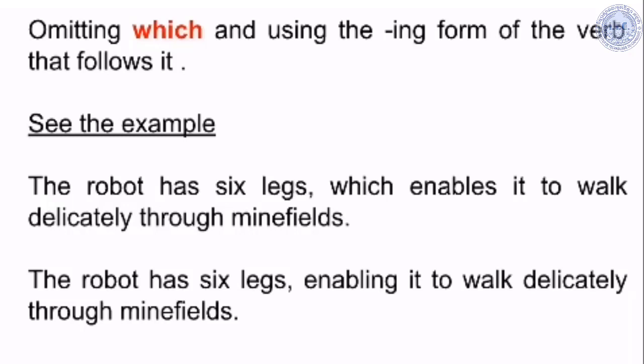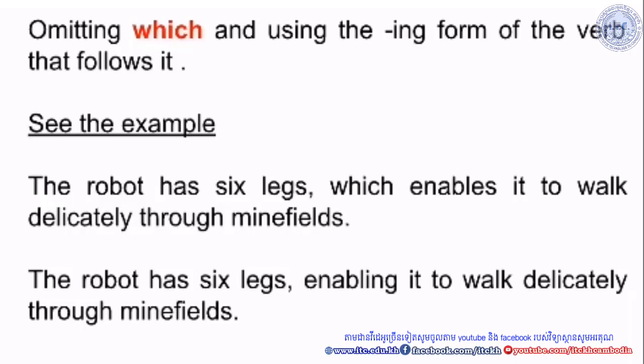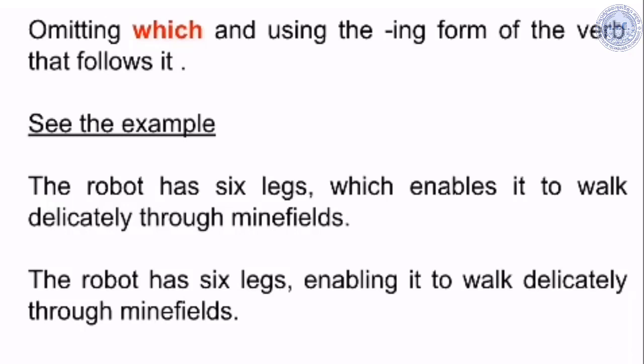And if you want to omit which, as in the second sentence, the robot has 6 legs, enabling, you omit which, but the verb must take the ing form. Actually it's enable, but in ing form it becomes enabling it to walk delicately through minefields. So here's the technique for how we combine or put the sentences together.